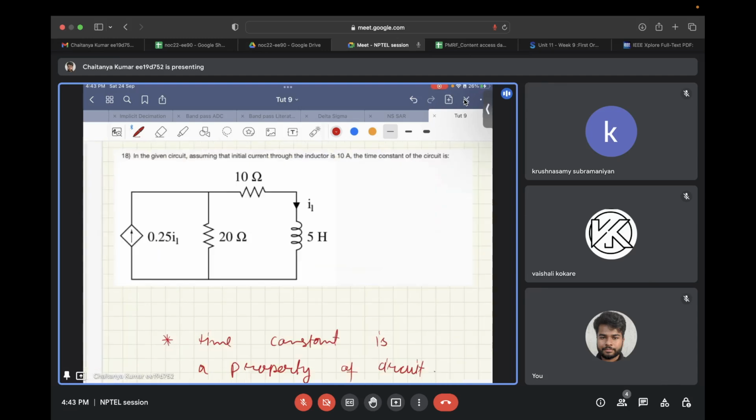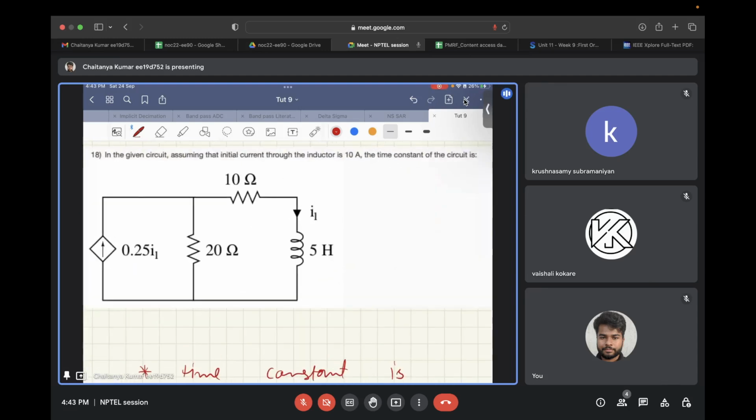Now let's move on to the next question. In this, you have been given this network, and it's given that the initial current through the inductor is 10 amperes, and what you need to find is the time constant of the circuit.